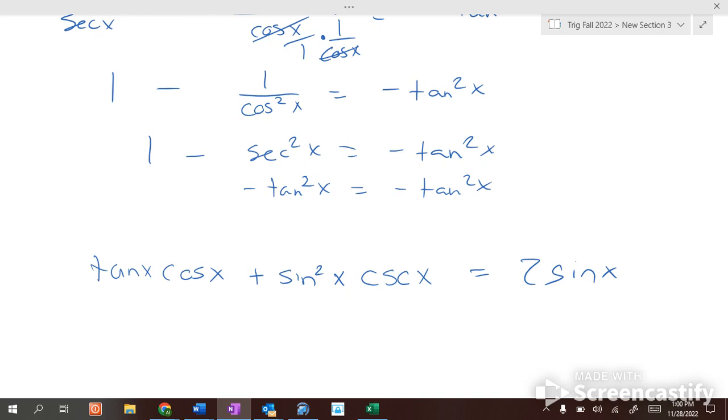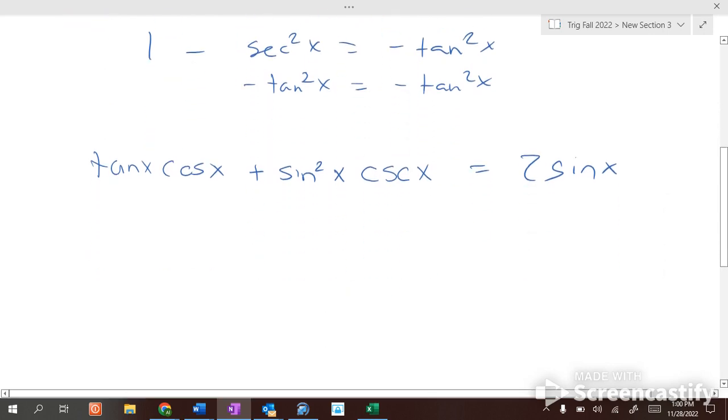Okay, this one I made too simple for you, but here we go. Tangent of x, cosine of x, plus sine squared of x, cosecant of x equals 2 sine of x. What do we do? First step.